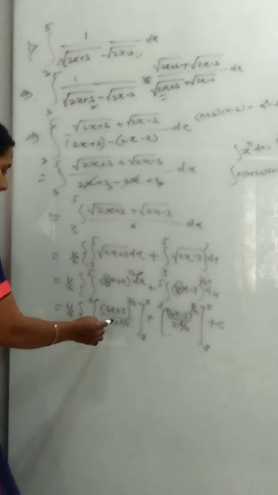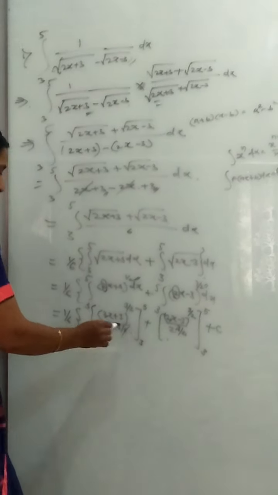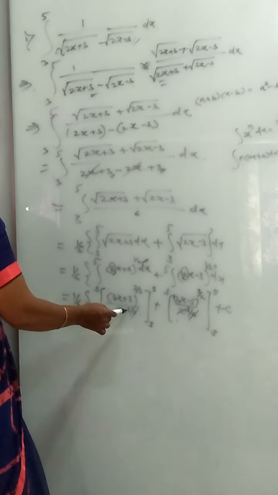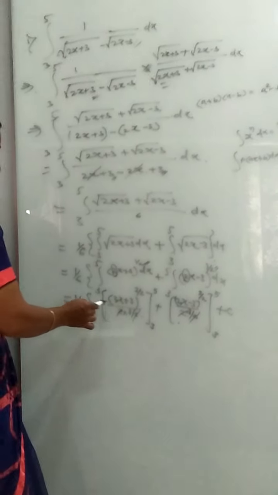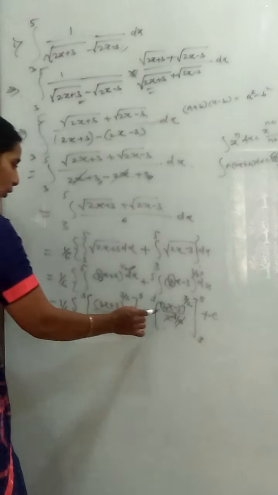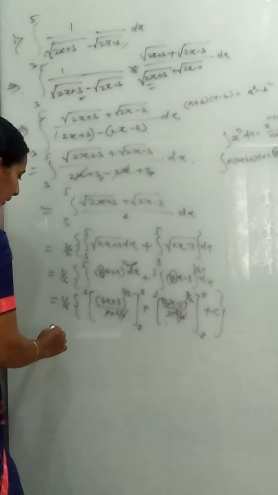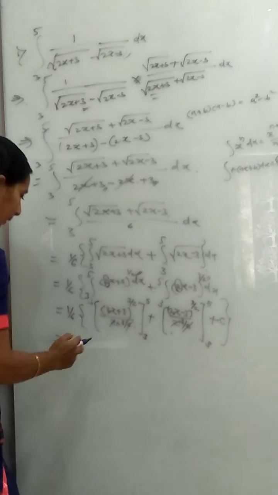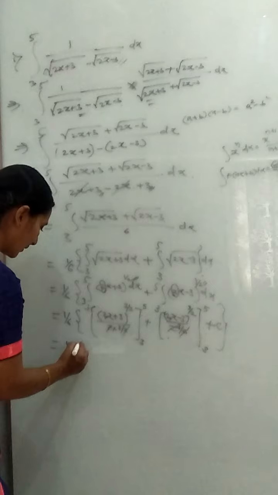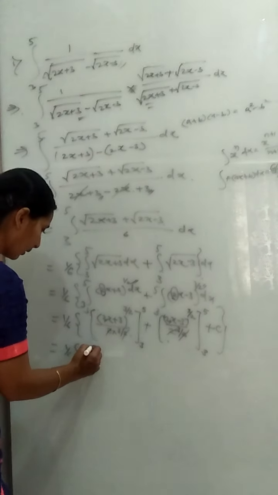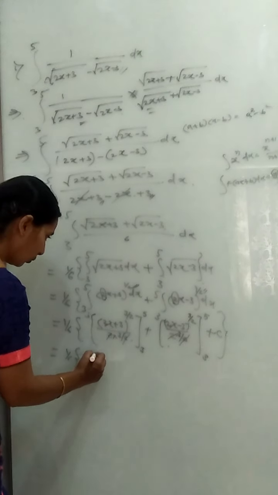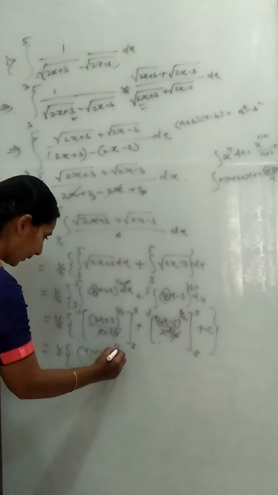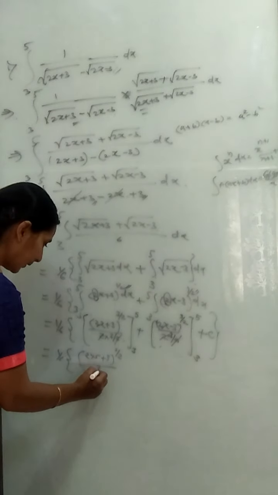Then the 2 in the numerator and the 2 in the denominator get cancelled, and this becomes 1 by 3. 1 by 6 multiplies both of these terms, and then we substitute the limits. Our example becomes 1 by 6 as it is, times (2 into 5 plus 3) raised to 3 by 2 divided by 3.